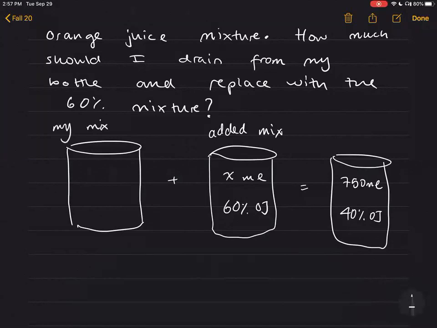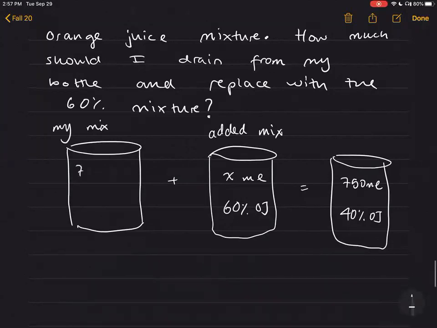So after I drain it out, how much of my 30% mixture is going into my new bottle? So we have the 30% plus the 60%, and I want to know how much of each I need to use in order to get a total of 750.